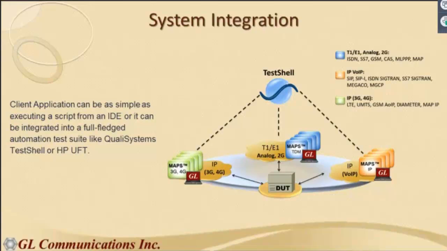So for any third-party tools that support Java and Python, we will be able to integrate with our tools. It will provide more flexibility in terms of system integration, where the user will be able to create his own scenarios using these clients. So this is about the CLI part and the new features.